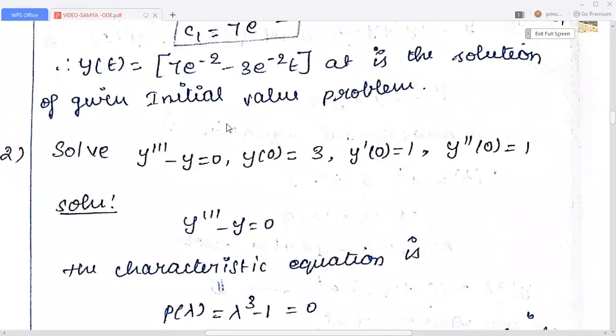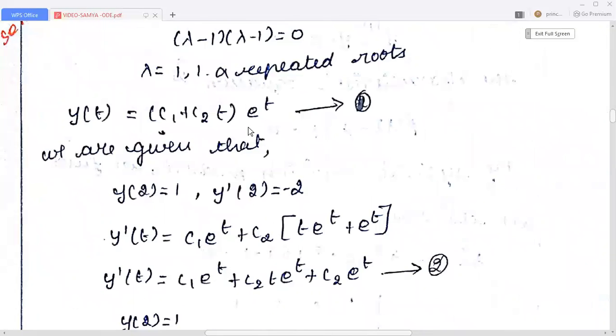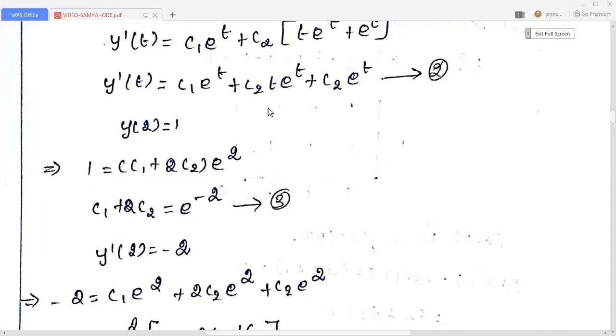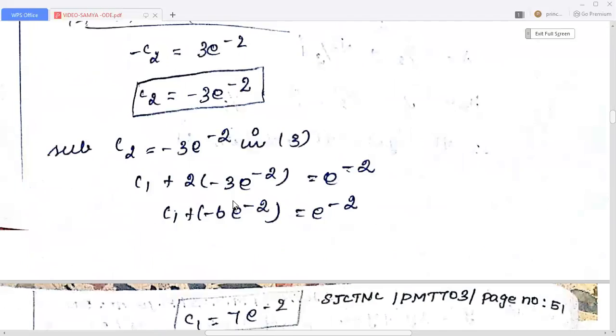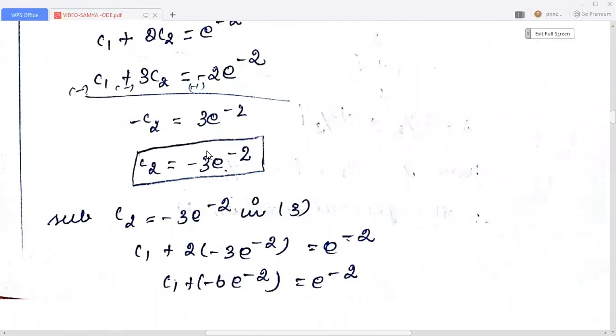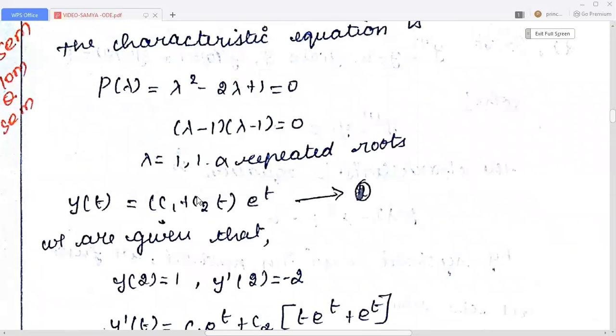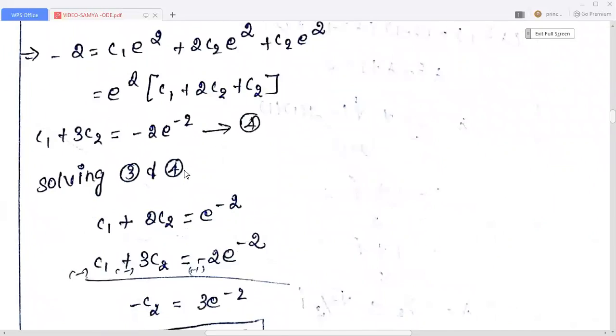Therefore, this is the solution of the given initial value problem. So this completes the problem.